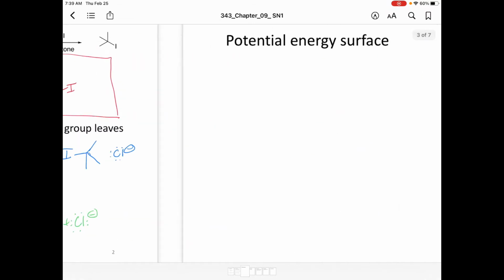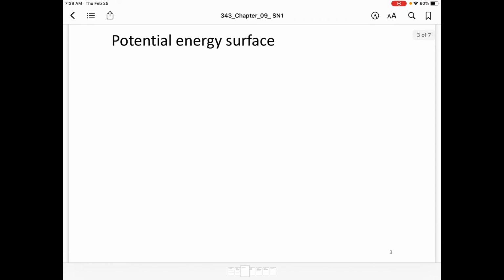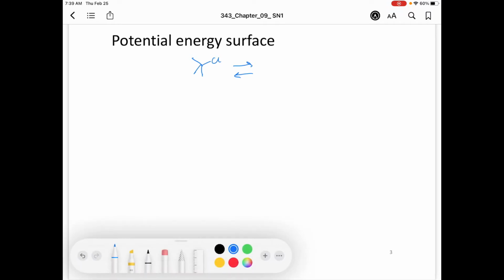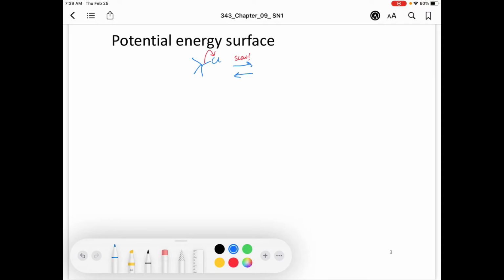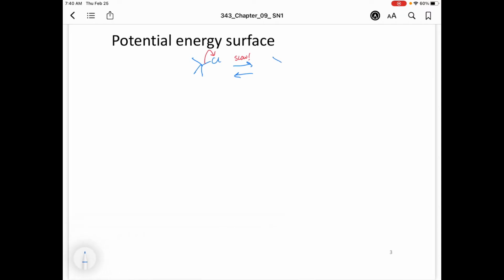Let's talk about the potential energy surface for this reaction. So let's just redraw a reaction here at the very top. So we have our alkyl chloride. And our first step here is formation of this carbocation. This is really slow. So we're going to make this chlorine leave. We're just kind of waiting around until it leaves. And that's because nothing can really happen with this potassium iodide until a more reactive species forms.